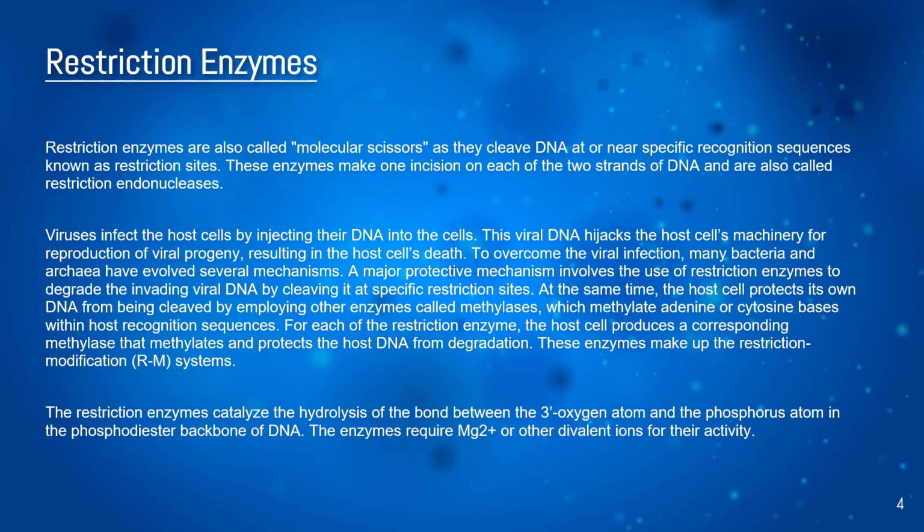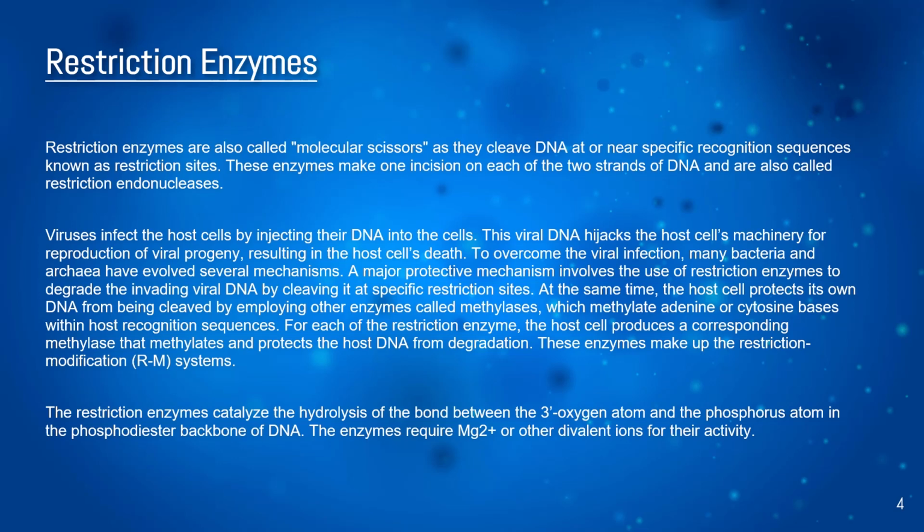To overcome viral infection, many bacteria and archaea have evolved several mechanisms. A major protective mechanism involves the use of restriction enzymes to degrade the invading viral DNA by cleaving it at specific restriction sites. At the same time, the host cell protects its own DNA from being cleaved by employing other enzymes called methylases, which methylate adenine or cytosine bases within host recognition sequences.